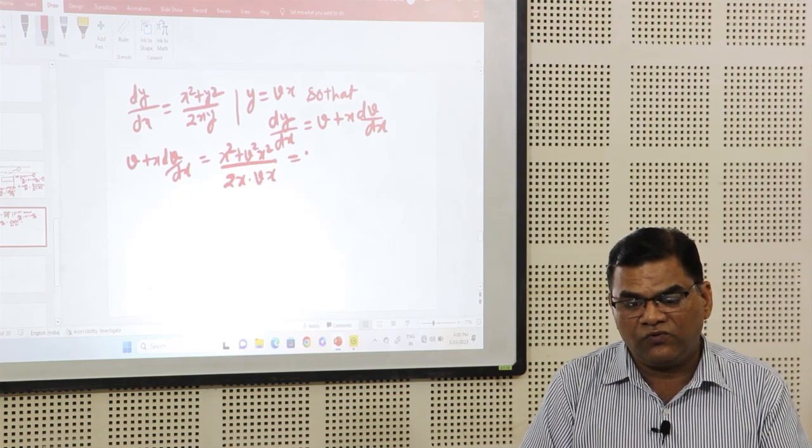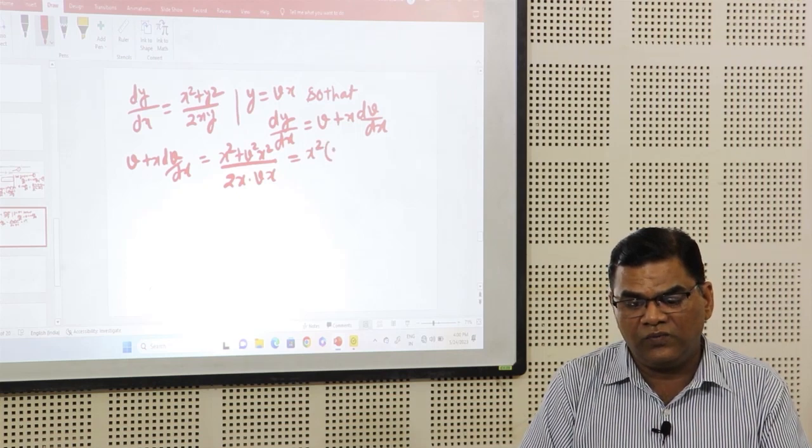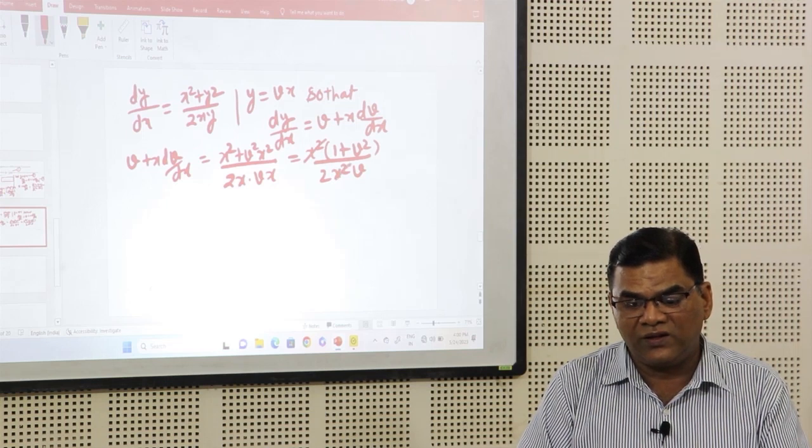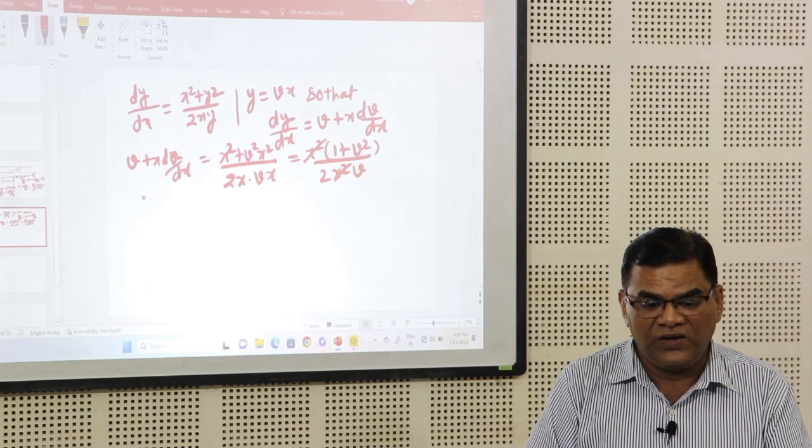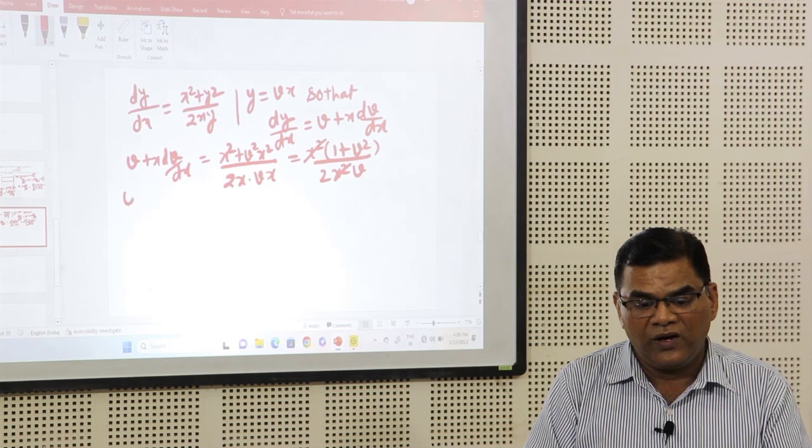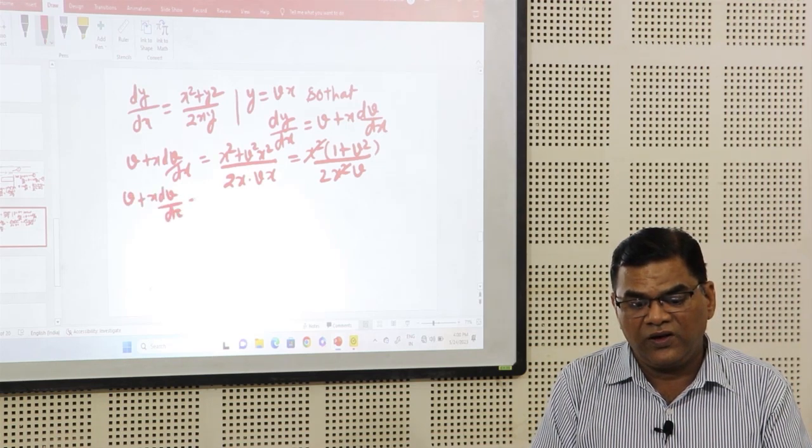If we take x square common from the numerator, we have x square into (1 plus v square) divided by 2 x square into v. So, x square will cancel out. Finally, we have v plus x dv by dx is equal to (1 plus v square) upon 2v.